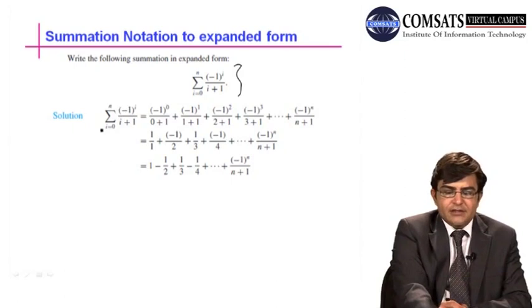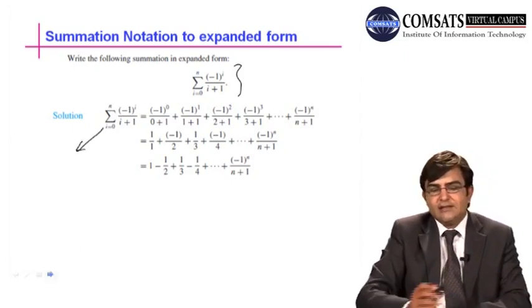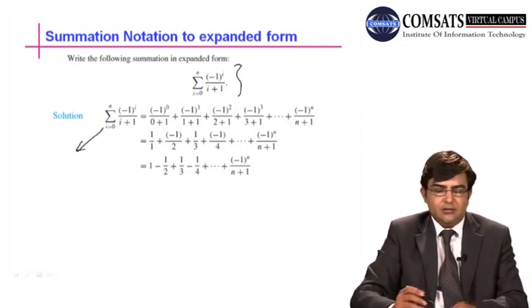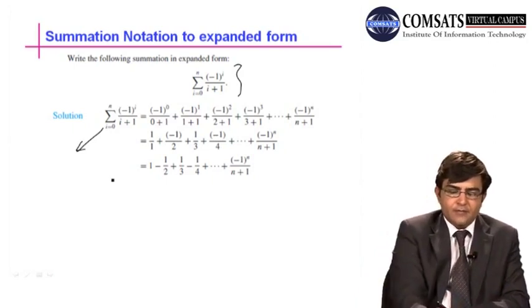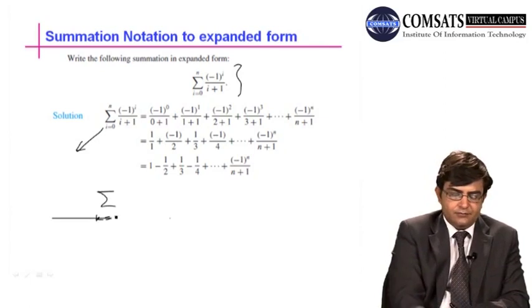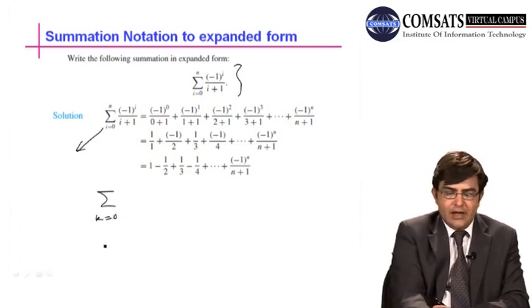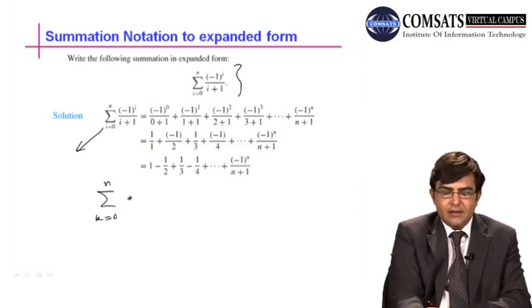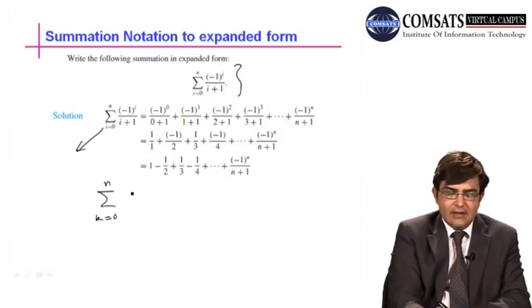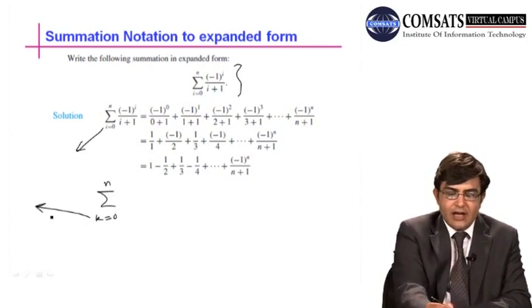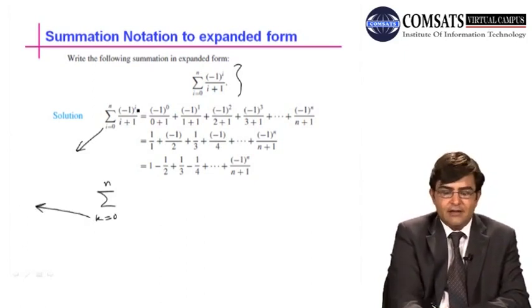The index of a summation is not important, as the index of a sequence is also not important. Here we can define it as k from 0 to n. But here the index is changed now. First we have i, here we have k.